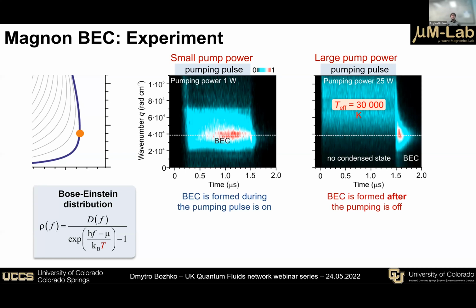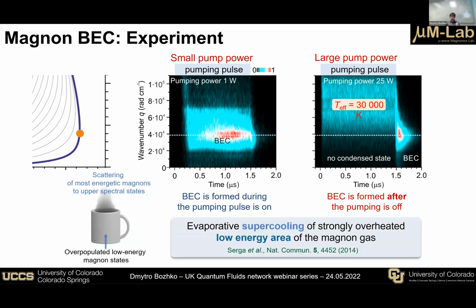When we turn off the pumping, the magnon Bose-Einstein condensate essentially forms in the end. And this is associated with a process of evaporative supercooling. If you have a mug of coffee and you see the vapors coming out, this is how the coffee cools down very effectively, and thus the magnon condensate also.